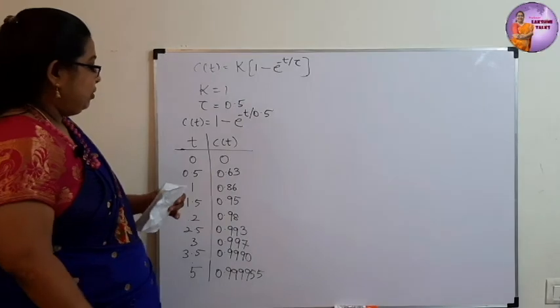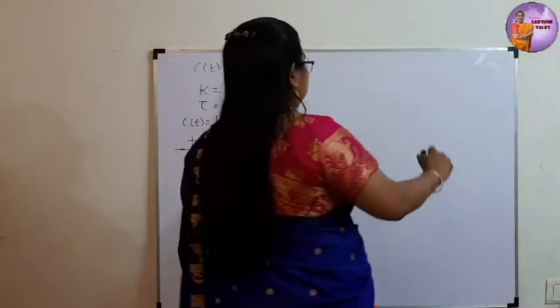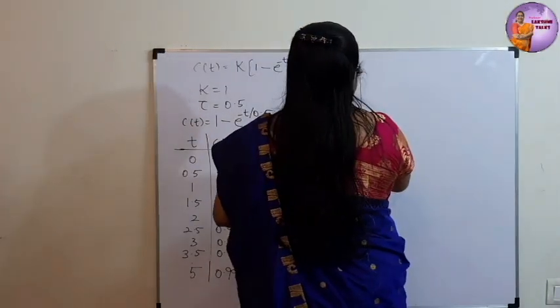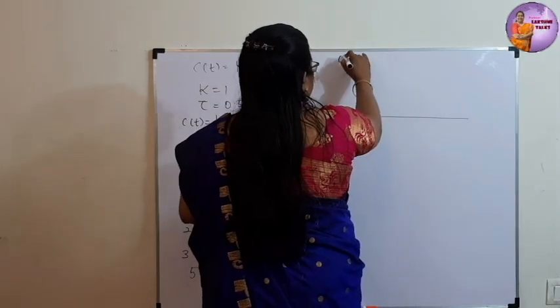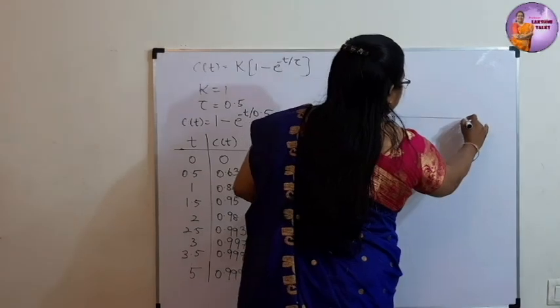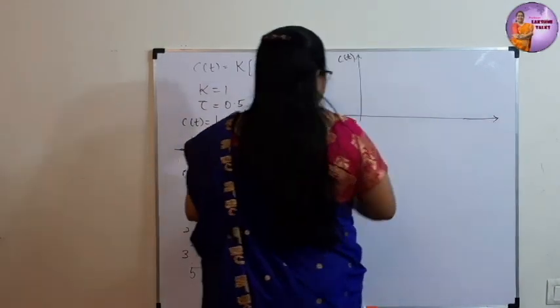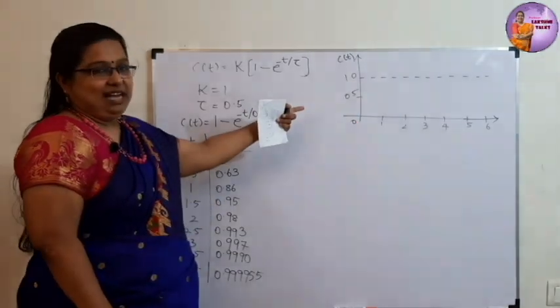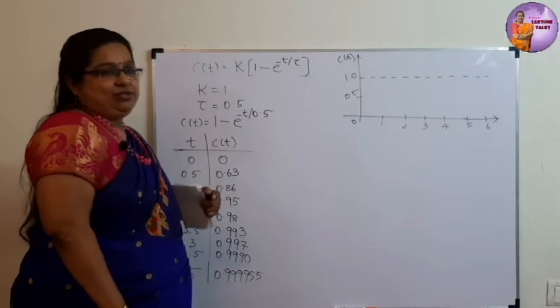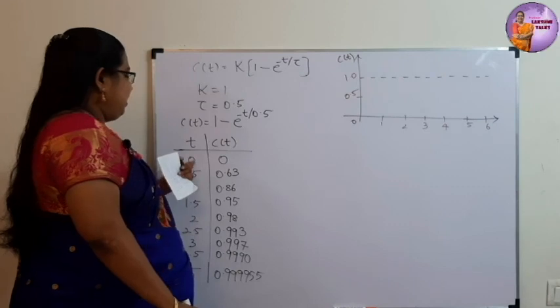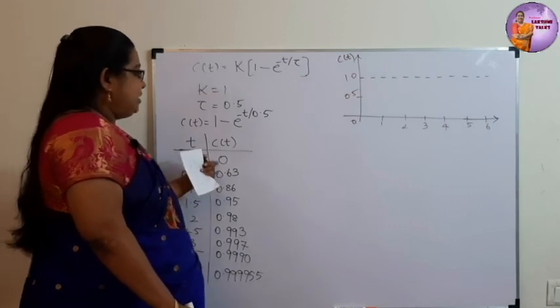Now we have to draw this graphically. We have a graph, okay. Now let us plot these values there. So what does it state for t? T is equal to 0, it is 0.